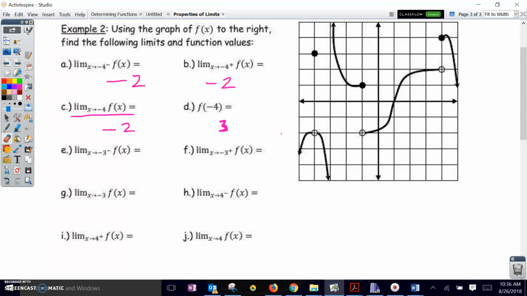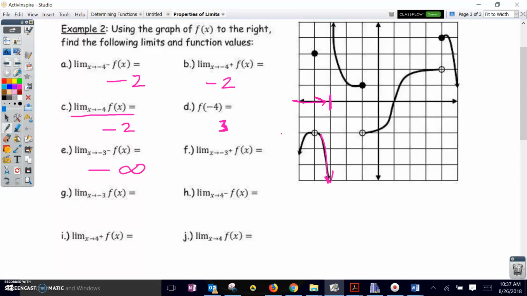Alright, let's see. Next, we've got the limit as x approaches negative 3 from the left. So now we're approaching negative 3 from the left. So we want to get on this graph over to the left of negative 3, and we're walking along it closer and closer to negative 3, and the function is getting closer and closer to negative infinity.